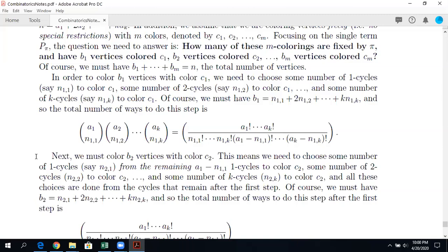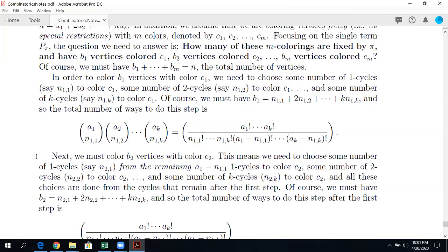So in order to color B1 vertices with color C1, because that's what we wanted to do, we need to choose some number of 1 cycles to color C1. So some number of 1 cycles, and I'm going to call that N11.